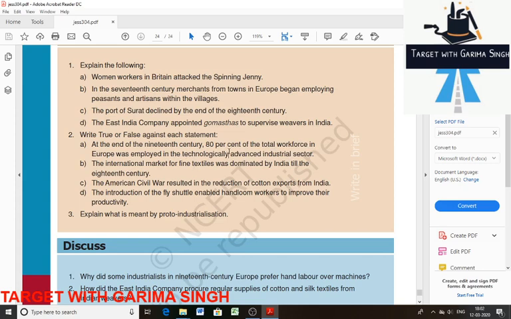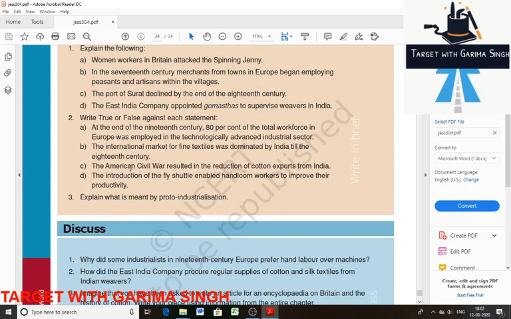With the coming of machines, people basically lost their jobs, so that is false. Then B, the international market for fine textiles was dominated by India till the 18th century. That's true. Third, the American Civil War resulted in the reduction of cotton exports from India. That is a false statement. The introduction of the flying shuttle enabled handloom workers to improve their productivity. Yes, that's true.